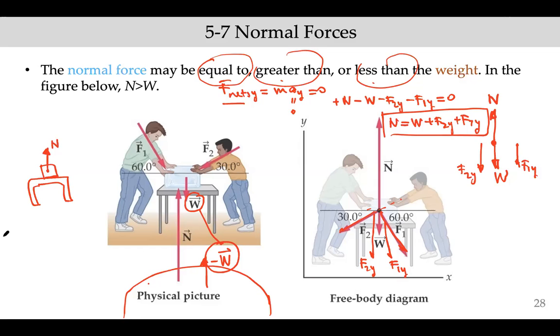Now, what is the other pair of this force? Well, it's on the table, because the object is pulling it down. So these two forces are not related to weight.